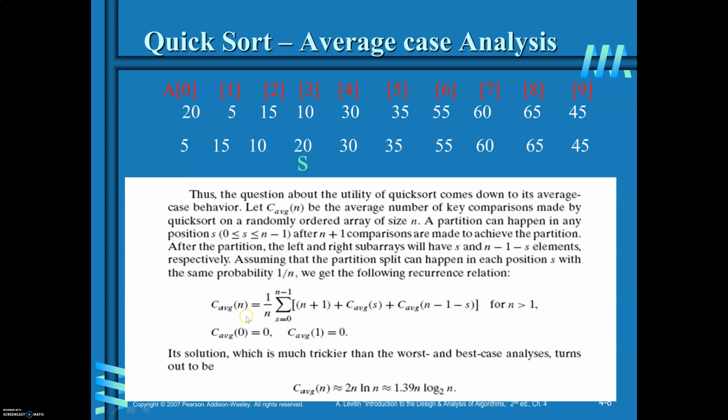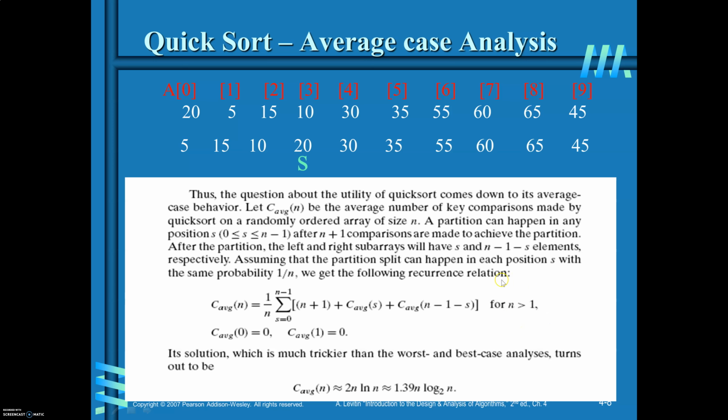C average of n equals 1 by n summation s equals 0 to n minus 1. The number of comparisons required in order to find the partitioning position is n plus 1. With that, you will be getting two subarrays. The first subarray containing s elements and the second subarray containing n minus 1 minus s elements.